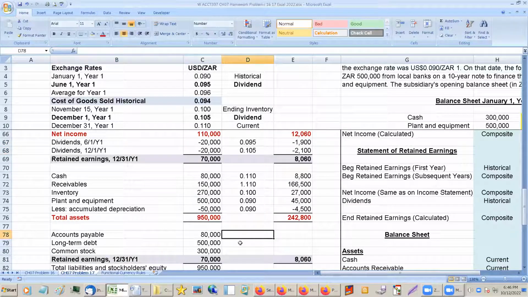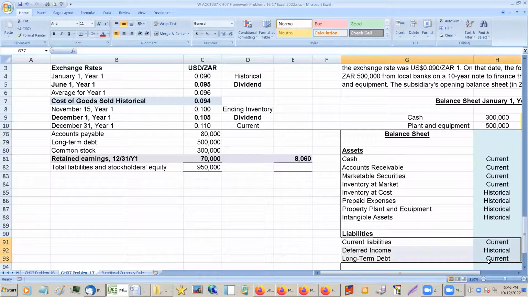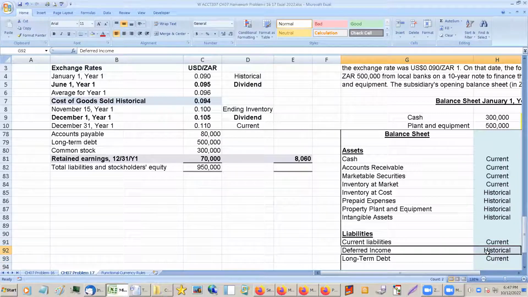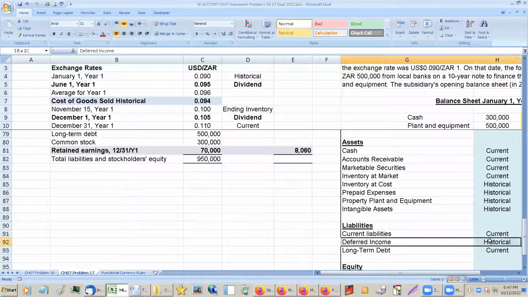Okay, coming down here, look over here, firstly, all the liabilities go in at the long-term rate. The only unusual one here is the deferred income at historical rates, and I'll talk about that. This is when someone hands you money ahead of time.